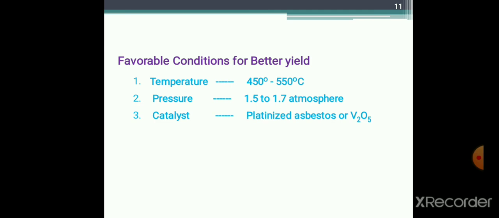The catalyst, which is a differentiating characteristic, used in the contact process is vanadium pentoxide or platinized asbestos. And the last is the proportion of sulfur dioxide to oxygen when SO2 gets converted into SO3; the ratio required is 1:3.